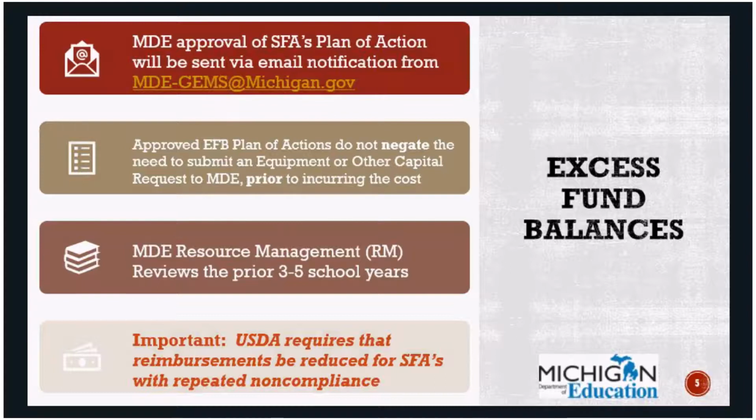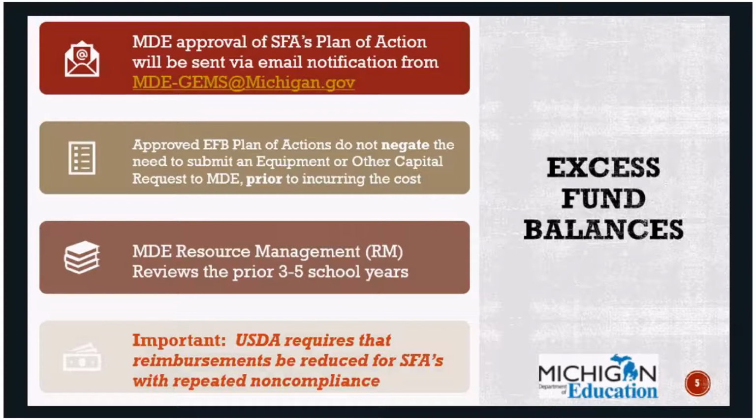The USDA requires that SFAs have a process in place to monitor their net cash resources and should be proactive at investing the proceeds back into the program to keep their fund balances within allowable limits. Again, ideally never triggering an excess fund balance. SFAs can submit equipment requests or other capital outlay requests to avoid incurring an excess fund balance.